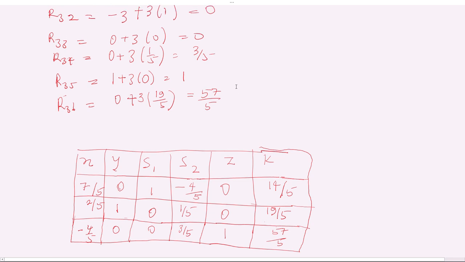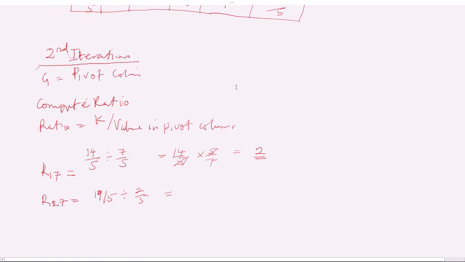Is it 19 over 5? Let's check. Okay, it is. So this is 19 over 5 times 5 over 2, which equals 19 over 2. So that's what we have for the ratio.